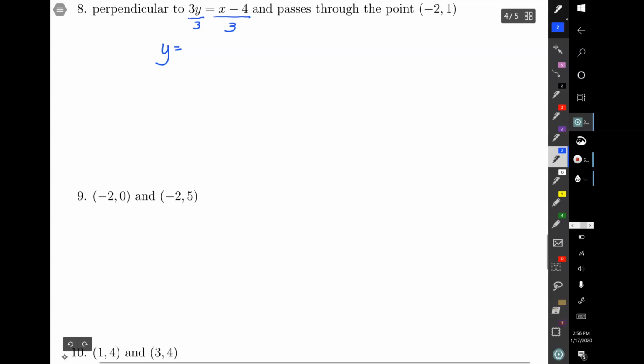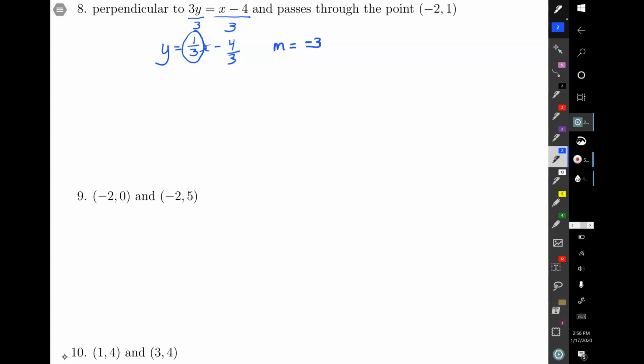The x minus 4 all divided by 3 would be 1/3 x minus 4/3. So our slope for the line we're given is 1/3, but we want the slope of what's perpendicular. So we're going to do the negative reciprocal, which would be just invert it around. So we would get -3/1, or just really -3.